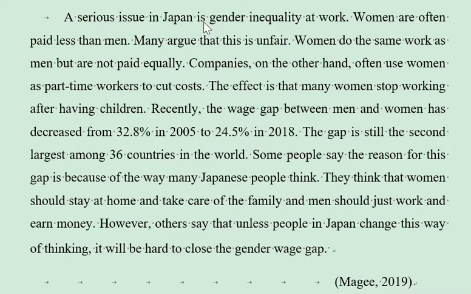Effective paragraphs always have a topic and main idea. Together, the topic and main idea are called the topic sentence. And the topic sentence is the first thing that you want to understand and look for when you're reading. We're going to talk about these more in a future video.